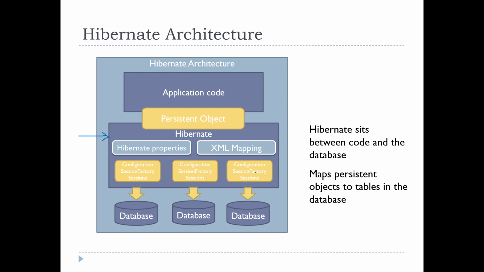So the application code is the Java code that we have written, and the Java code will use some persistent objects, and Hibernate, using the XML mapping or the annotations and the Hibernate properties, will manage the configuration, session factory, and session objects and the transaction so that the database can be accessed. Now, for each database, there will be a separate session factory object, as we will see in the coming slides.